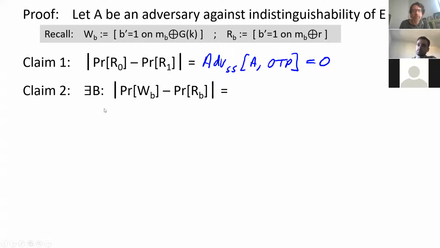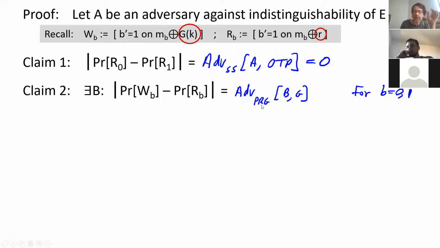Okay. Now we'll show that there exists an attacker B such that, no matter what the little b is, whether it's 0 or 1, the difference between the probability the attacker outputs a flag on a random sample like this, so a real encryption of MB, and the probability that the attacker outputs this flag on a random sample from this, so a one-time pad encryption of the same MB, is actually an advantage of this attack against PRG.